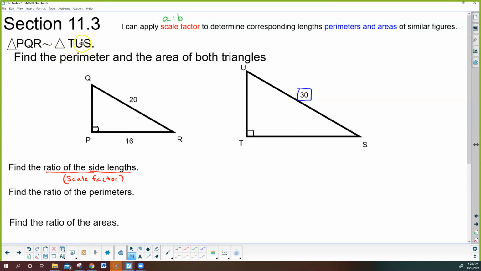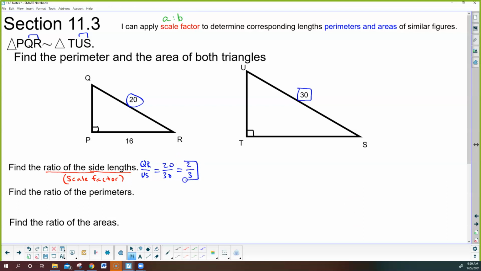Hopefully that didn't confuse anybody, but if I match US, that has to match with QR. So my scale factor, and it doesn't matter, they don't tell me specifically which triangle, if I go from the small to big, so I'm going to use that statement. I'm going to take QR over US, so 20 over 30, and then each one of those can be divisible by 10.